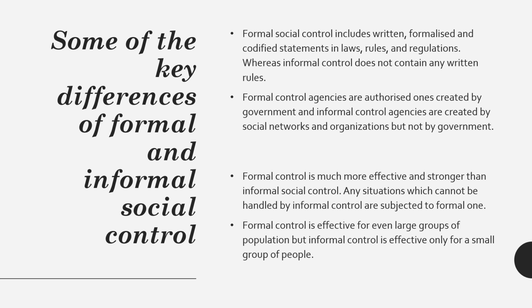Formal control is much more effective and stronger than informal control, so it does work substantially better. Any situations that can't be handled informally are usually subjected to formal social controls. So formal control even works in large groups of the population.